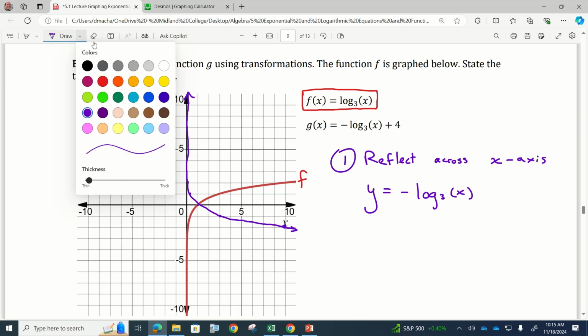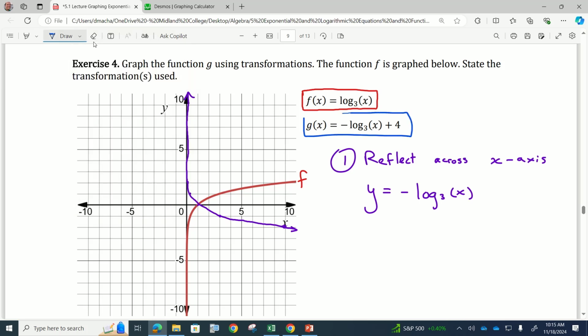And then the last thing I do in order to get my function negative log base 3 of x plus 4 is I need to move every point up 4 units. 1, 2, 3, 4.